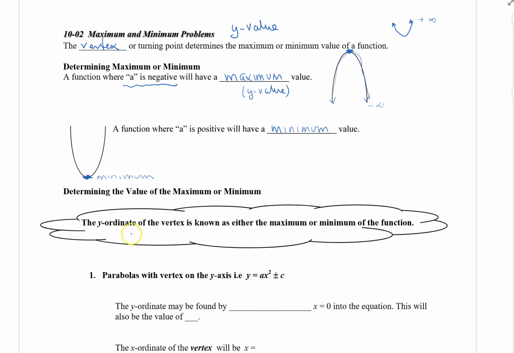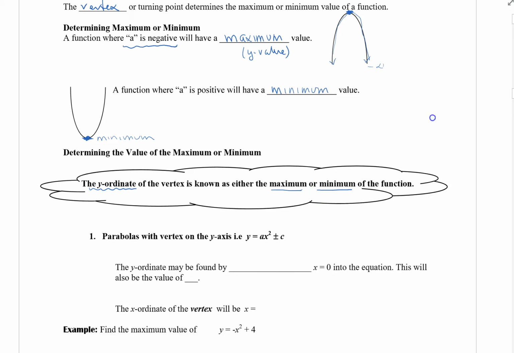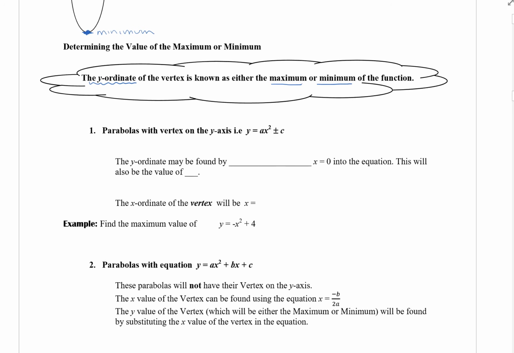How do we determine it? The y ordinate of the vertex will determine whether it's got a maximum or a minimum. Now, we've established for our fairly basic parabolas, these ax squared plus or minus a constant, their vertex is always on the y-axis.